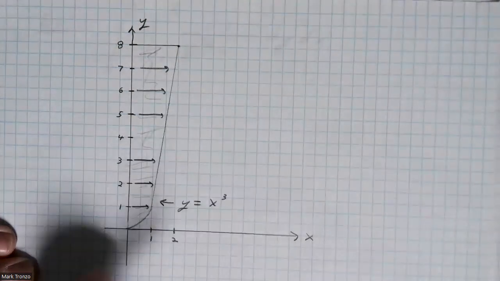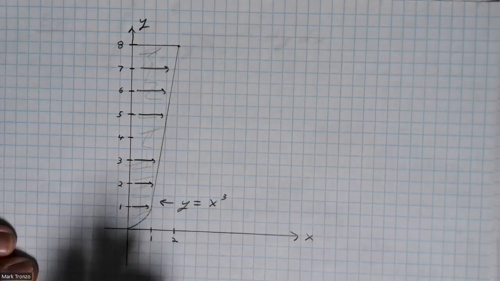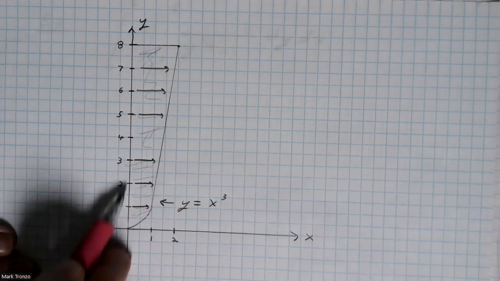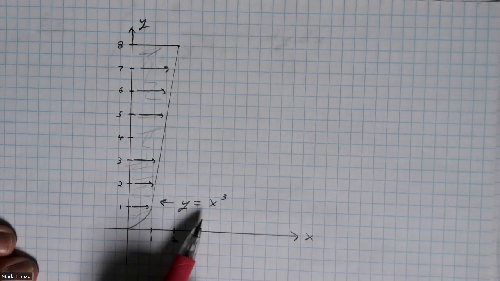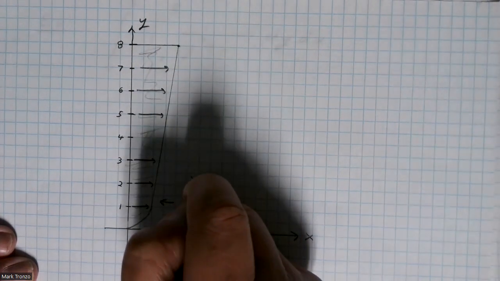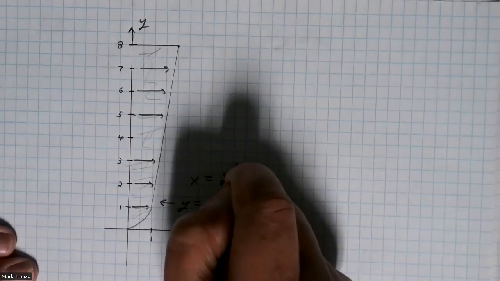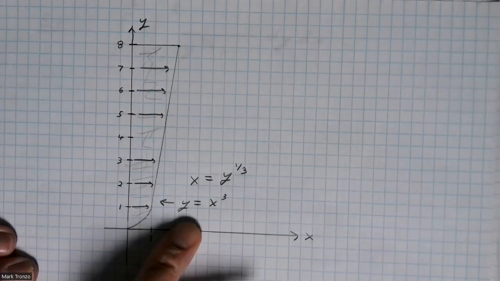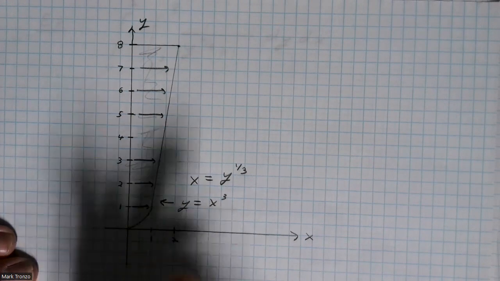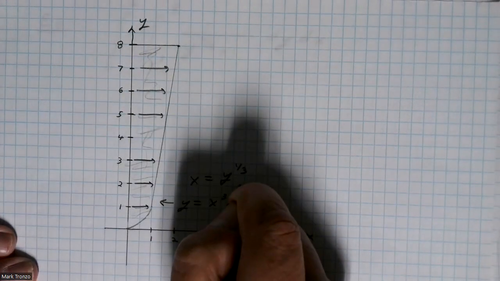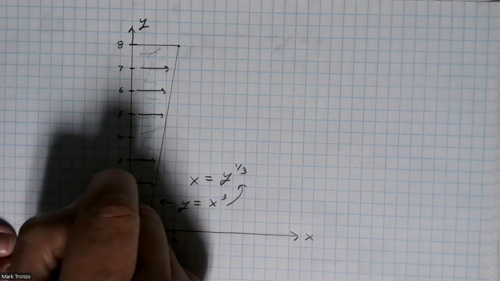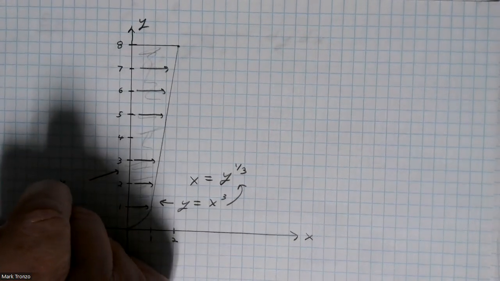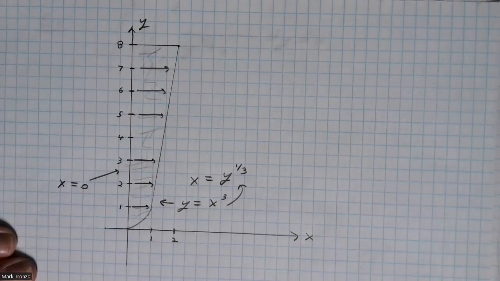And also just like before, we want to rewrite our boundaries as x equal a function of y. So here, let's rewrite this as x equal y to the 1/3. And then again, the integral starts at x equals 0, like this.